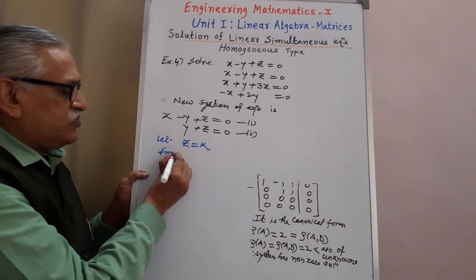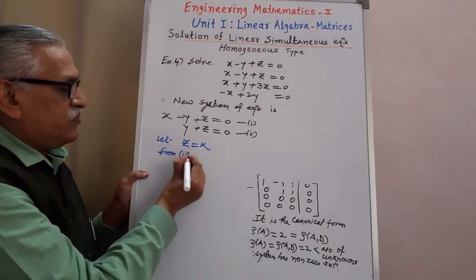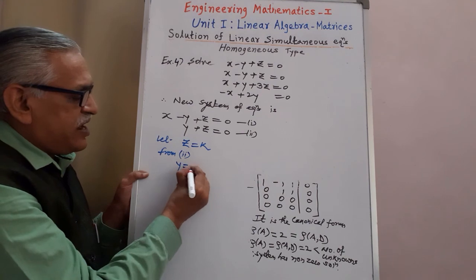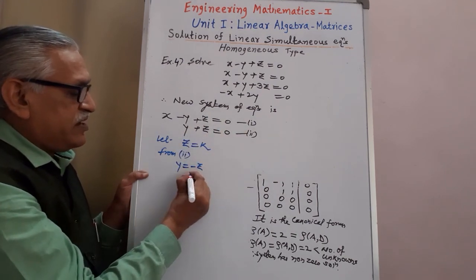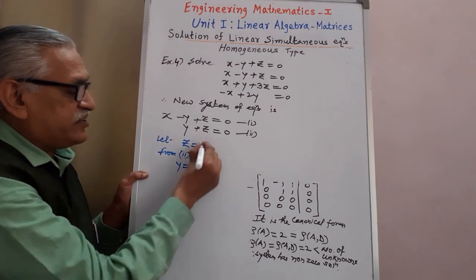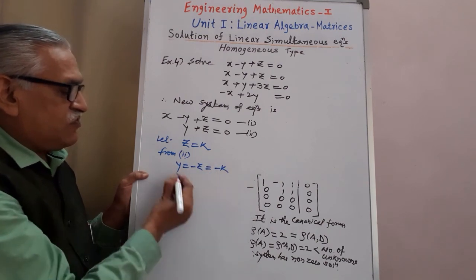Therefore from equation 2 we get the value of y as, transferring this to the other side, minus z, and the value of z is k, and therefore we get y as minus k.